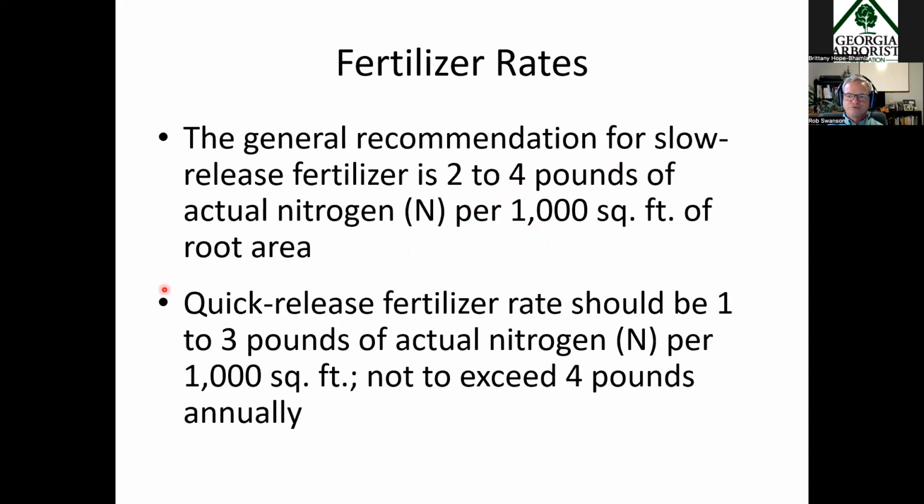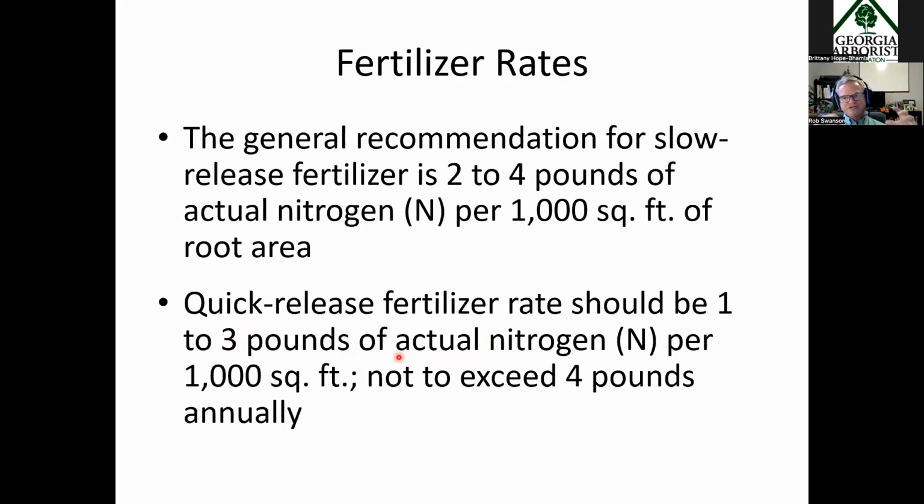Quick release fertilizer rate should be 1 to 3 pounds of actual nitrogen per 1,000 square feet, not to exceed 4 pounds annually. So whenever you see the word actual, that's talking about only the nitrogen.